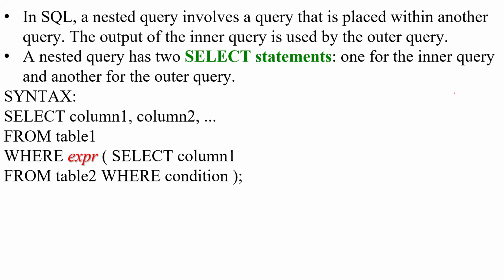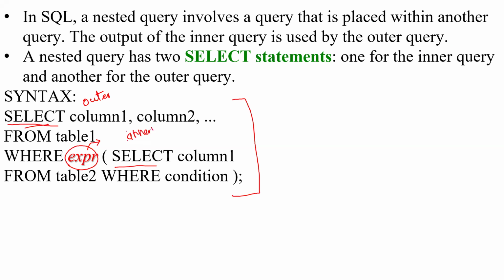The nested query has two select statements, one for the inner query and another for the outer query. Generally, you have this kind of syntax or methodology to follow in your entire subquery. You have a select statement where you have some expression. I'll talk about this expression later, but let's first understand how this subquery works. You have a select clause in the outer query, and another select clause as the inner query.